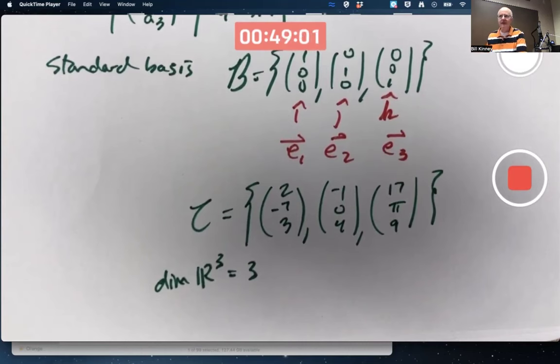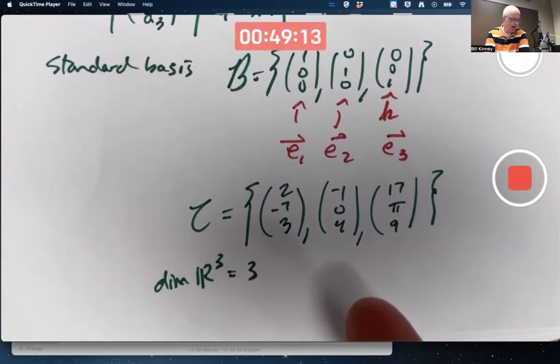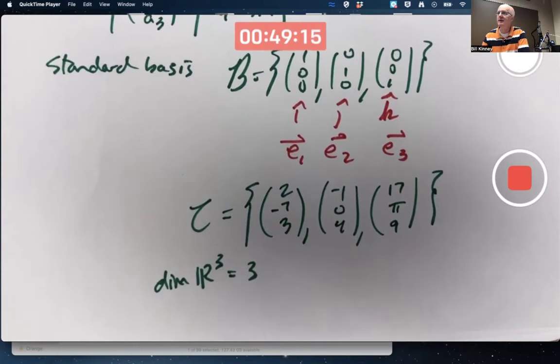So there's also a theorem in linear algebra, I believe, called the basis theorem, that says if you know the dimension of the vector space, in this case 3, any three linearly independent vectors in R3 is going to form a basis for R3. It'll automatically span. And likewise, if you've got any three vectors that span, it'll automatically be linearly independent.